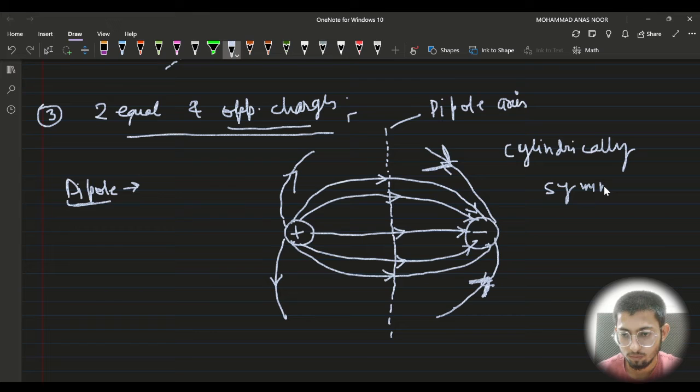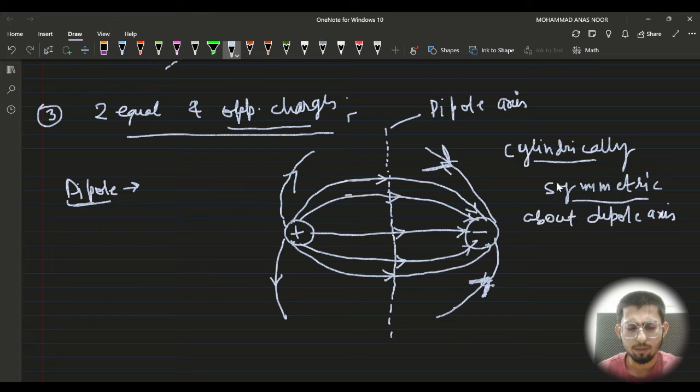This is the dipole axis and this is the field around it from here to here. We will discuss what is cylindrically symmetric in the chapter ahead.